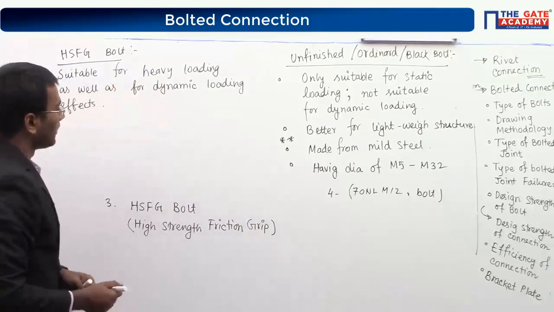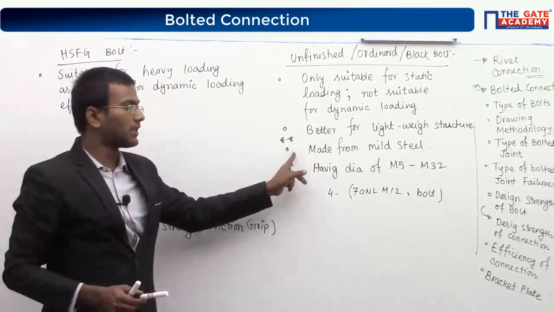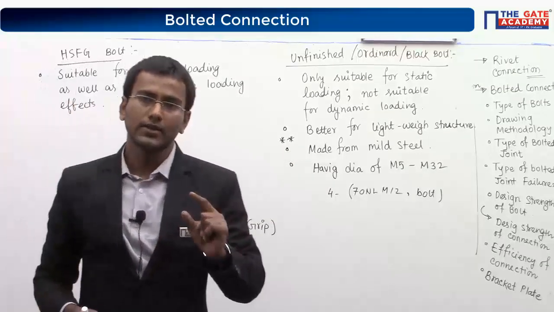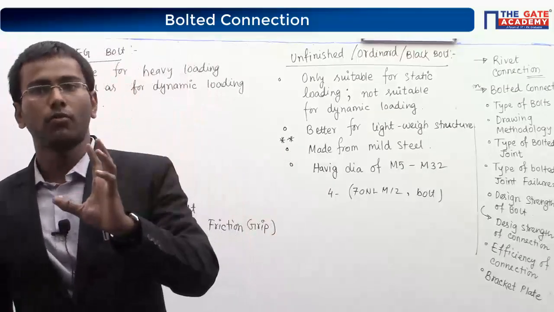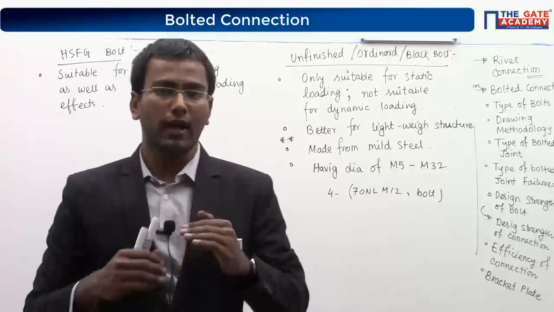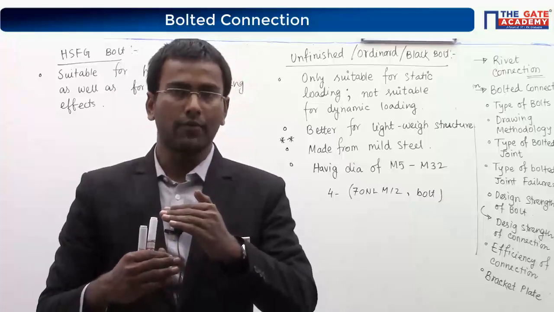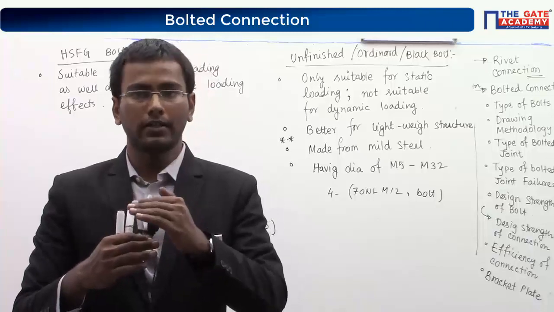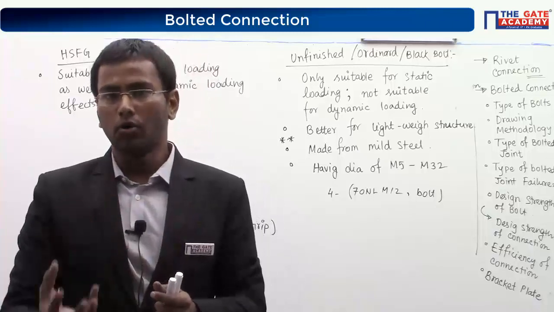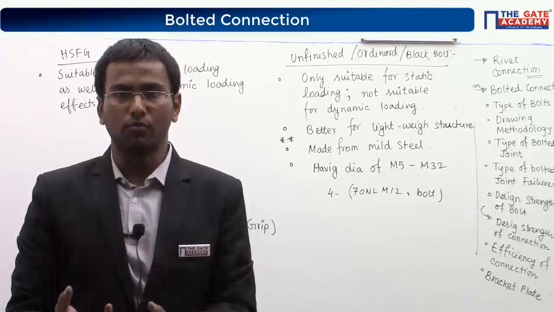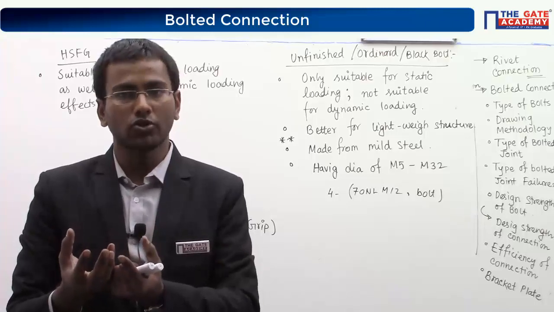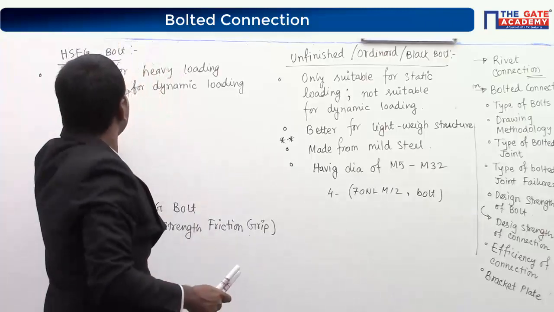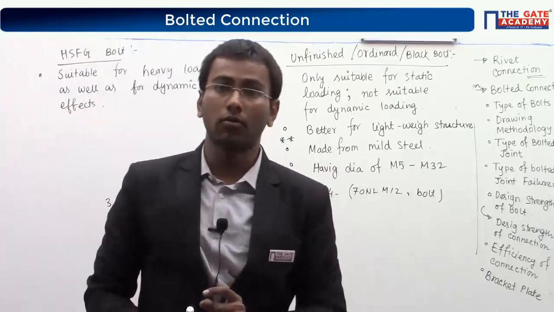Next point: when we want to make the structure heavy, I have to provide harder steel, which means a higher percentage of carbon. So in most cases, HSFG bolts are made from what type of steel?